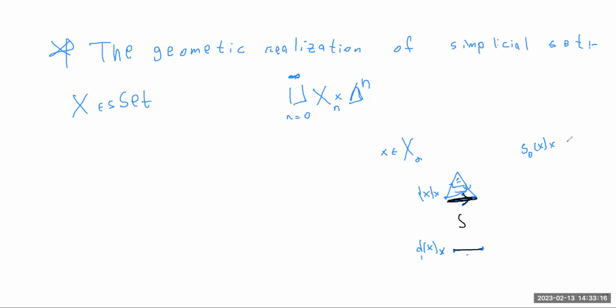But s0 of x here will be a pyramid, because it's in X_3. This pyramid actually represents this, because we have the collapse map from here to here. Which collapse map? If we have 0, 1, 2, we get 0, 0, 1, 2.